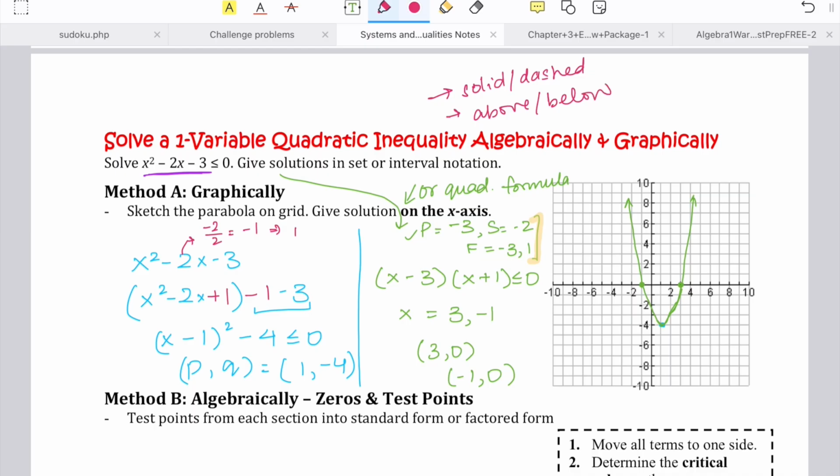For this question, you guys, you're still going to ask this question, above or below, but because it's one variable, you're going to say, should I draw a full circle or an empty one? Okay, so in this case, because it's an equal to, I'm going to draw full circles. They're already full, right? And then it's less than. So in this case, whatever my function is, I need to look at my function and not this. Okay, so my function needs to be less than, that means it's below. So this is what my solution will be.